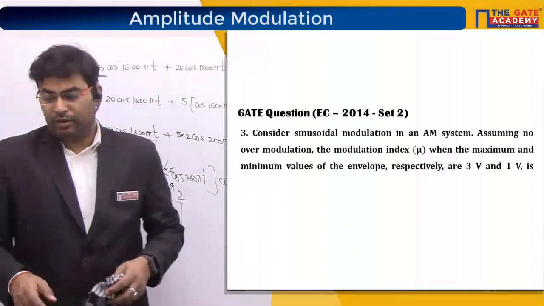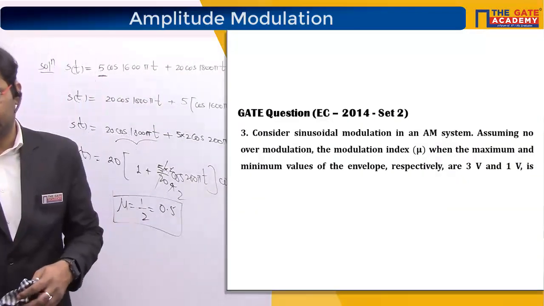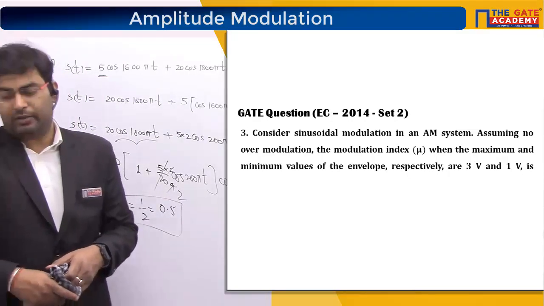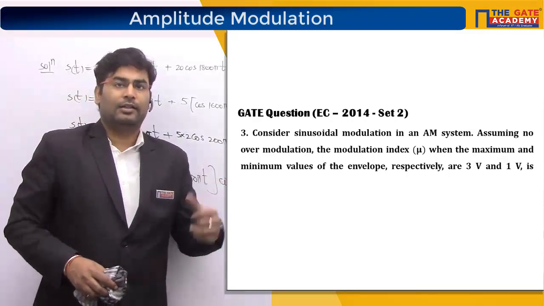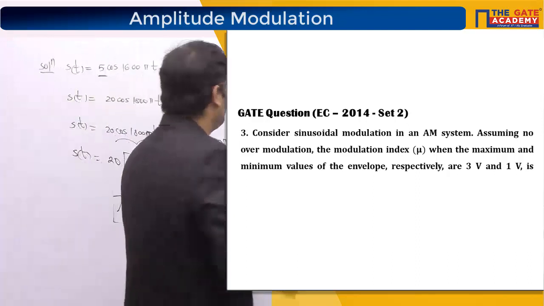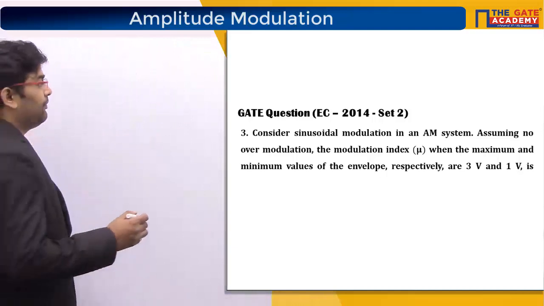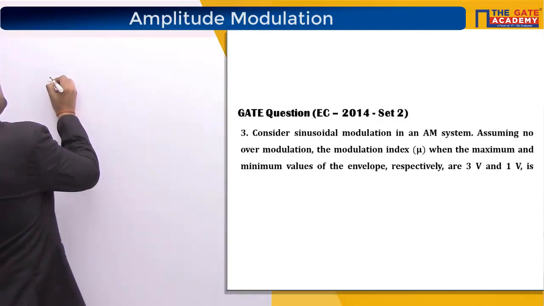Clear? Now guys, you can attempt the question you are seeing on the screen, which was asked in GATE 2014 in set 2 for 1 mark. Can you just check and let me know the answer? Once you have the formula, it is very easy. So solution.